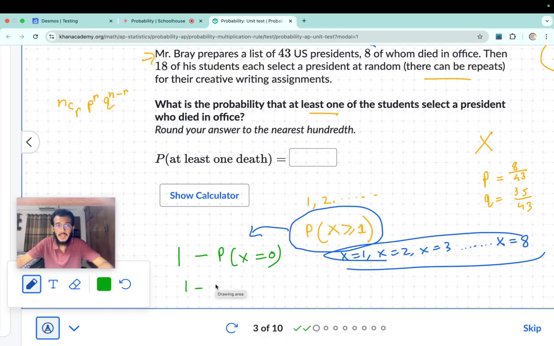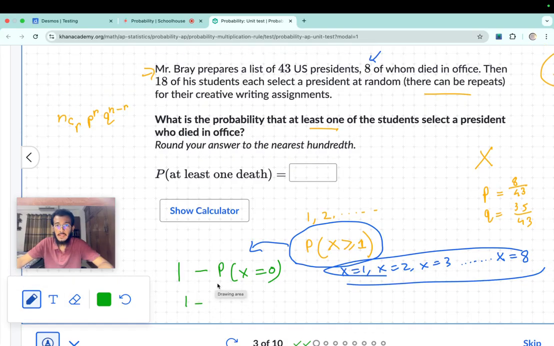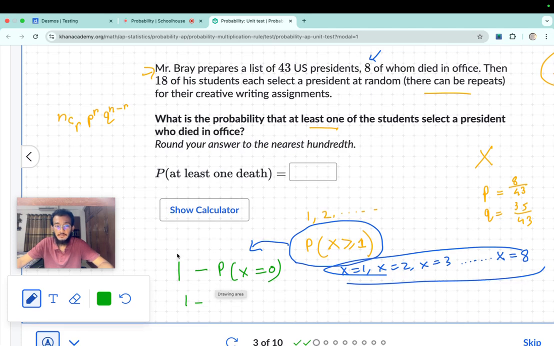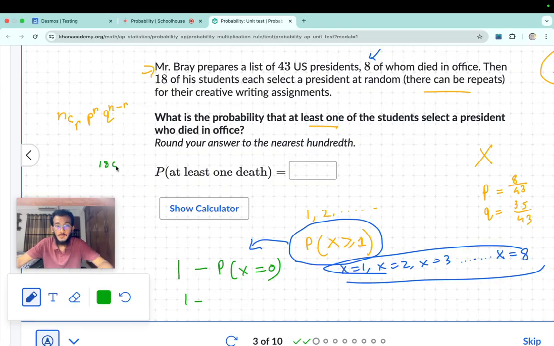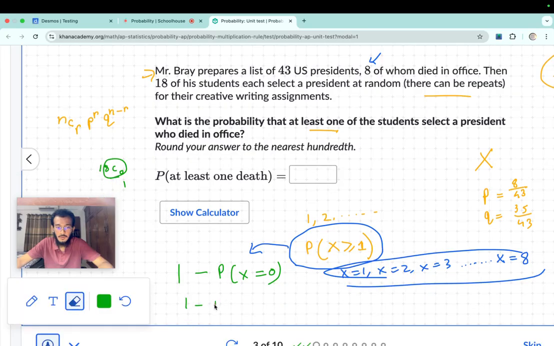So 1 minus nCr. n is the total number of repeats, which is 18, and we select 0, so that becomes 1 anyway. It's equal whether you write it or not, so I decide not to. And then you have p to the power r.